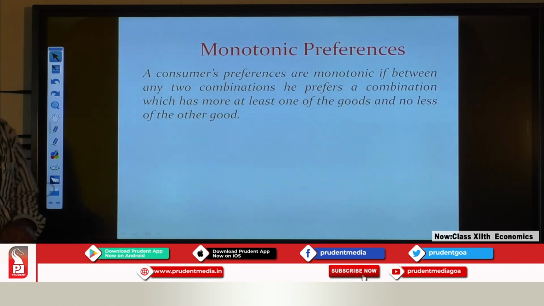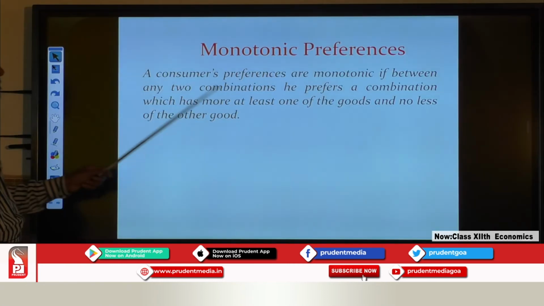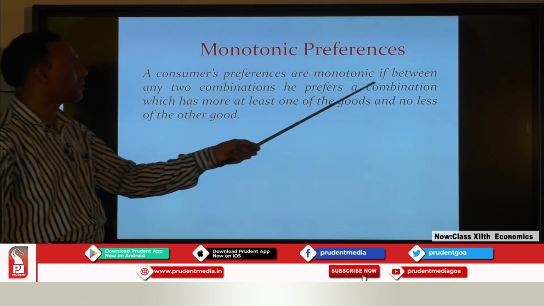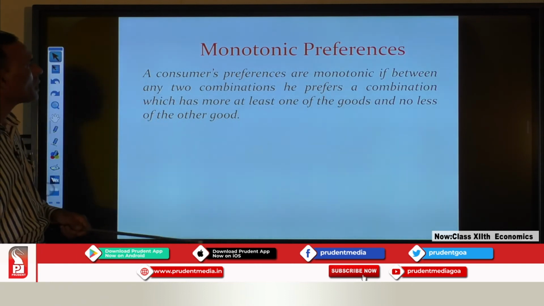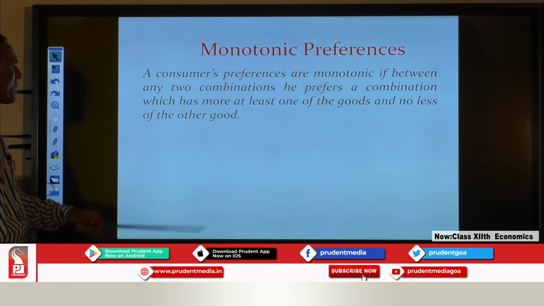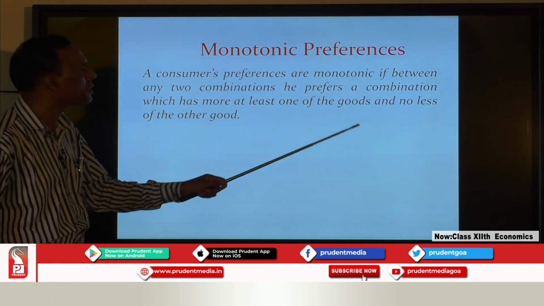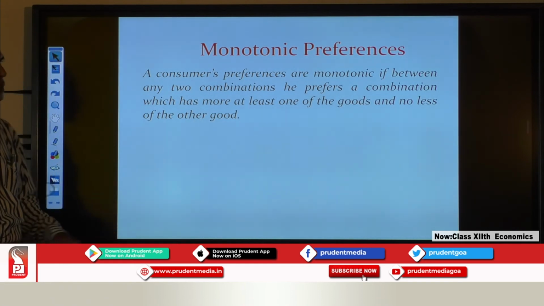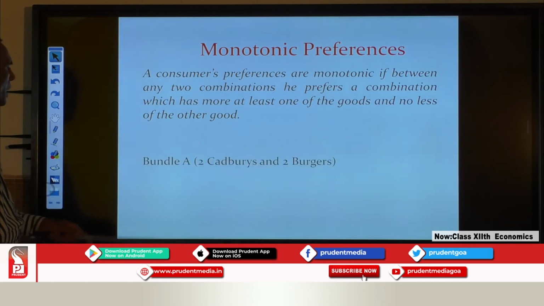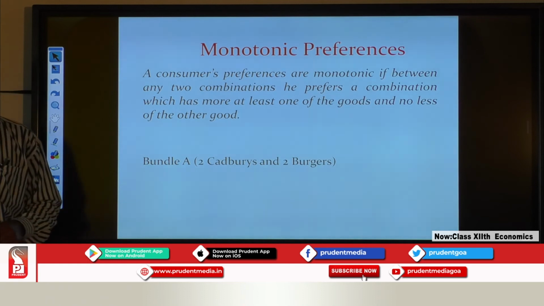Now, monotonic preferences. Monotonic preferences mean a consumer's preferences are monotonic if between any two combinations he prefers a combination which has more of at least one of the goods and no less of the other goods. For example, I have taken bundle A as there are 2 Cadburys and 2 burgers.